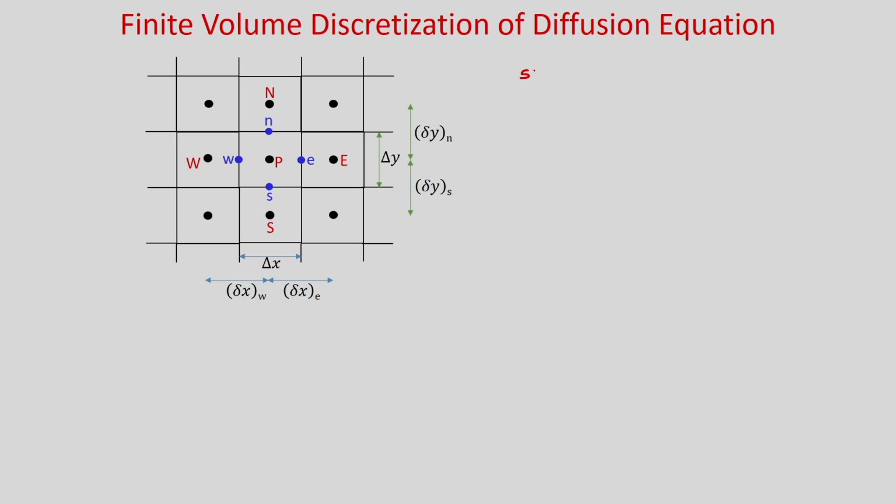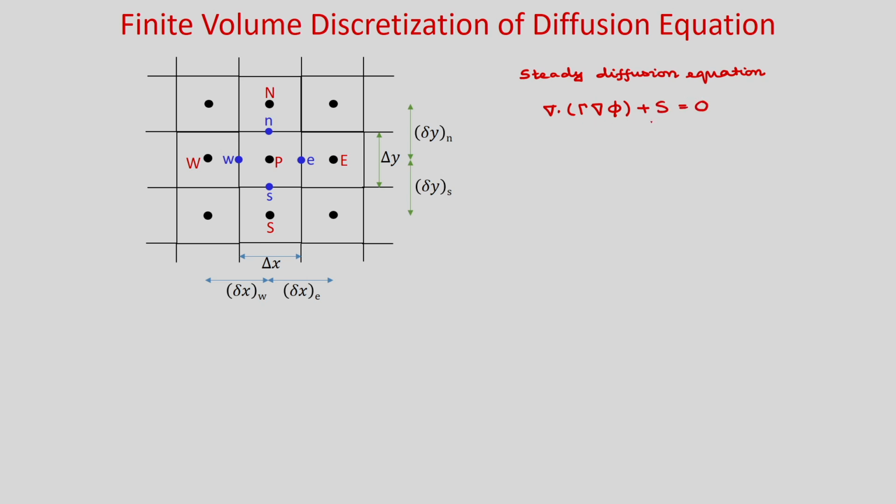So, the steady diffusion equation, so we can write divergence of gamma grad phi plus S is equal to 0. Okay.